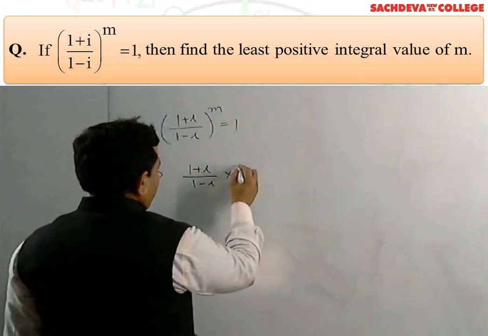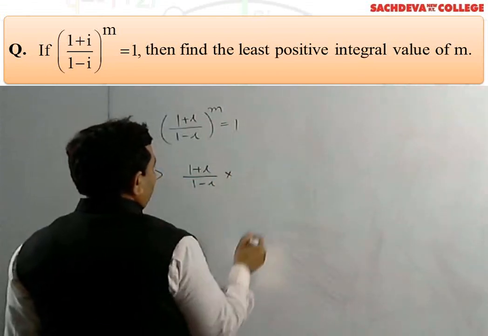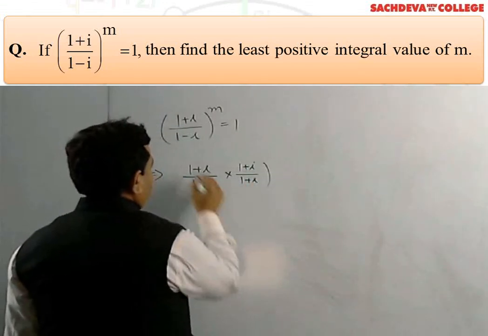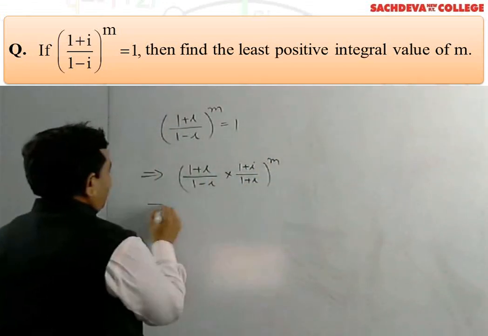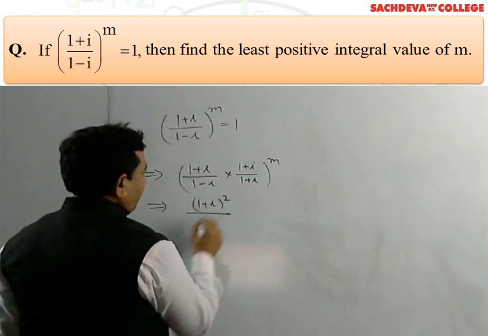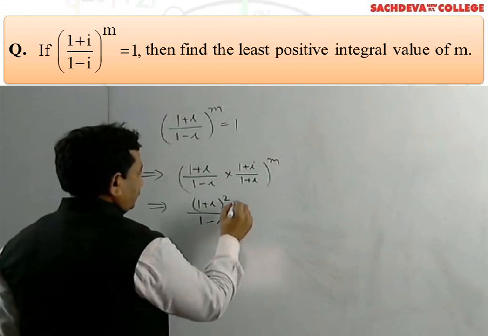Given (1 + i)/(1 - i), if you rationalize, we multiply numerator and denominator by 1 + i. It will be equal to (1 + i)^2 upon (1 - i^2).